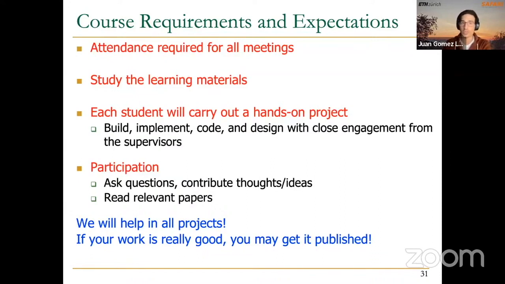We expect that you participate, asking questions, contributing thoughts and ideas, and also reading relevant papers; some of them will be required, some others recommended, and we will help you all the time. You will be in touch with me, and especially more intensely with the direct supervisor that you have for your project.